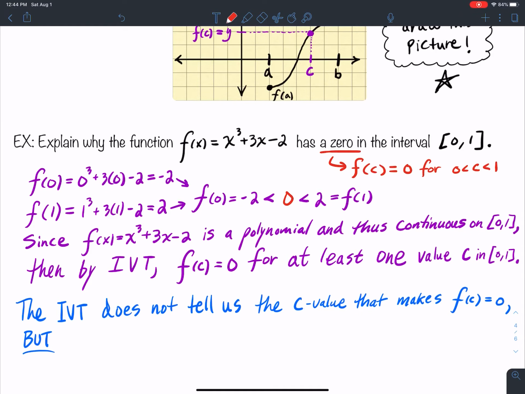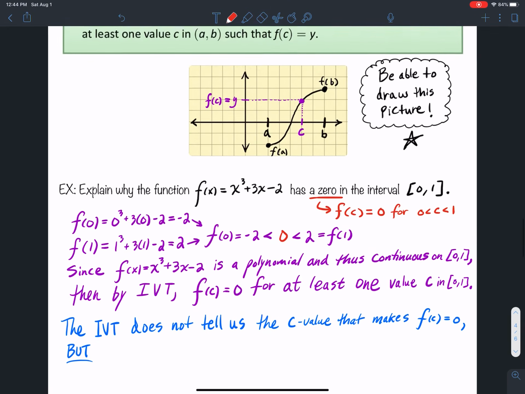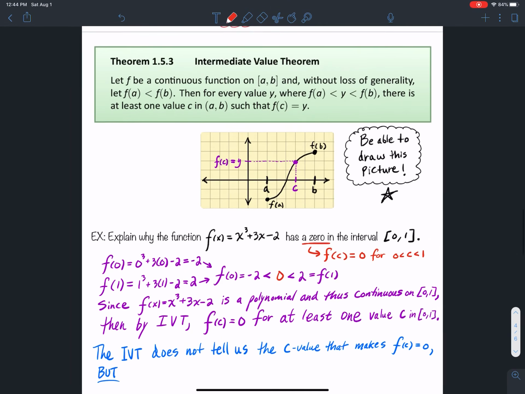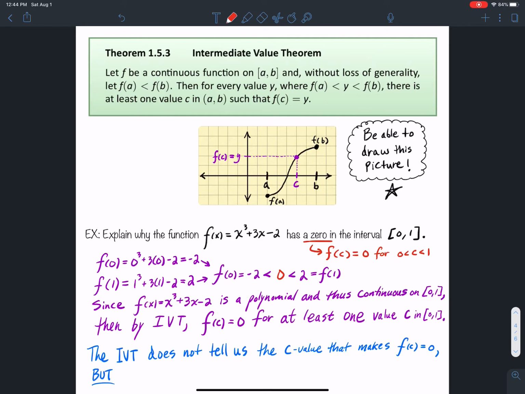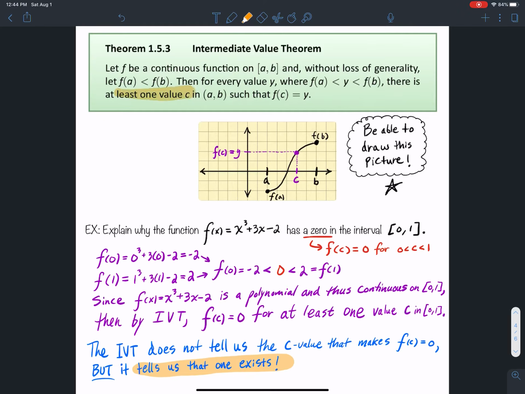Now, the thing that's kind of disappointing about the intermediate value theorem, think about this. It doesn't tell you what c is. All it does is say that there must be one c value that exists.